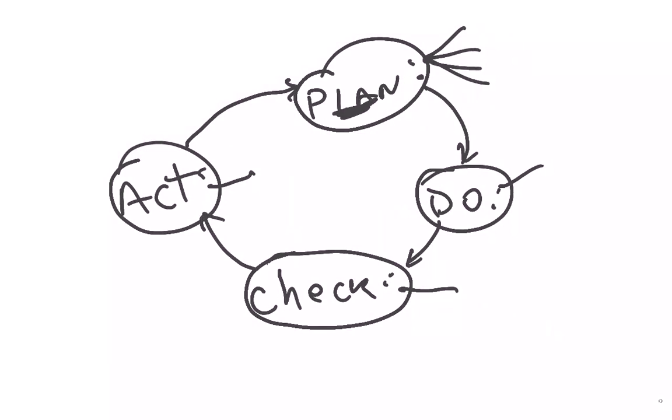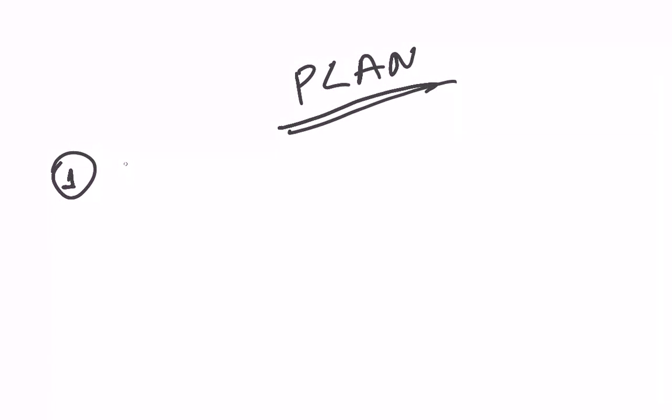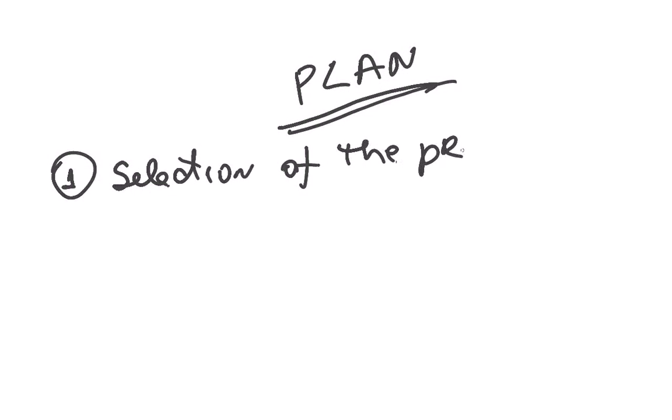So let's go for the plan. Within the plan, I said you're going to have 4 activities. What are these 4 activities? Well, the first activity is the selection of the problem. So what do you do here? Explain to me, Daniel, what do you do here?